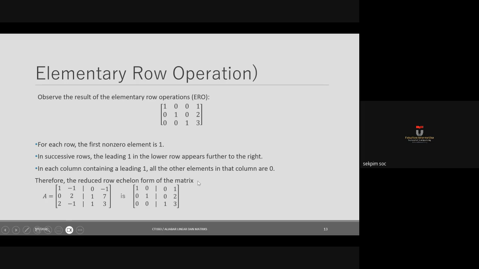And each column containing a pivot one has all the other elements in that column equal to zero. It's called reduced row echelon form.